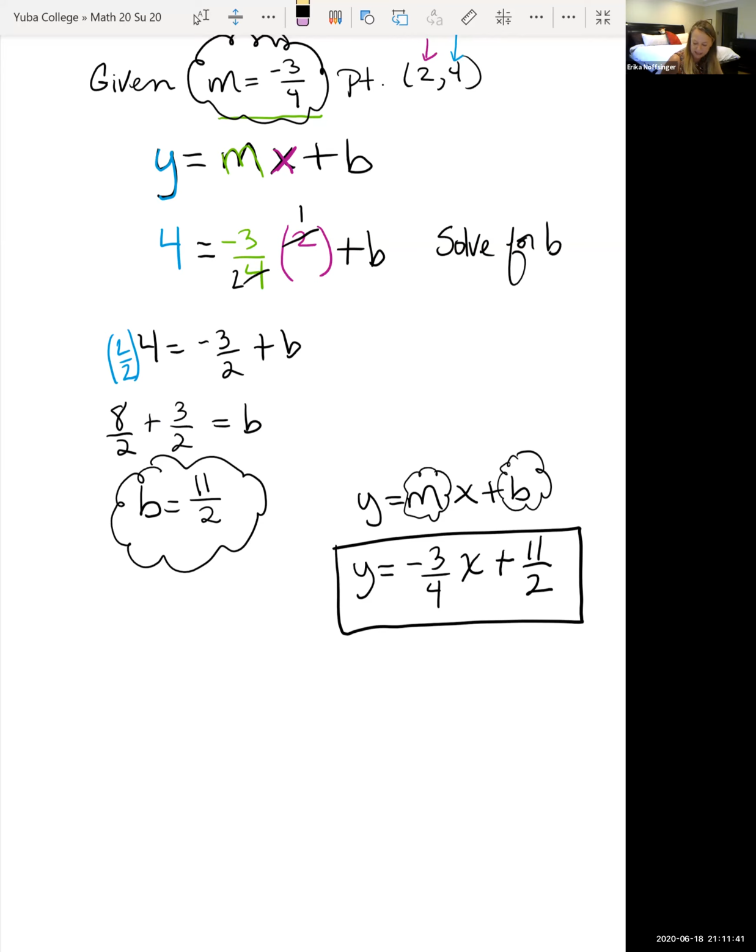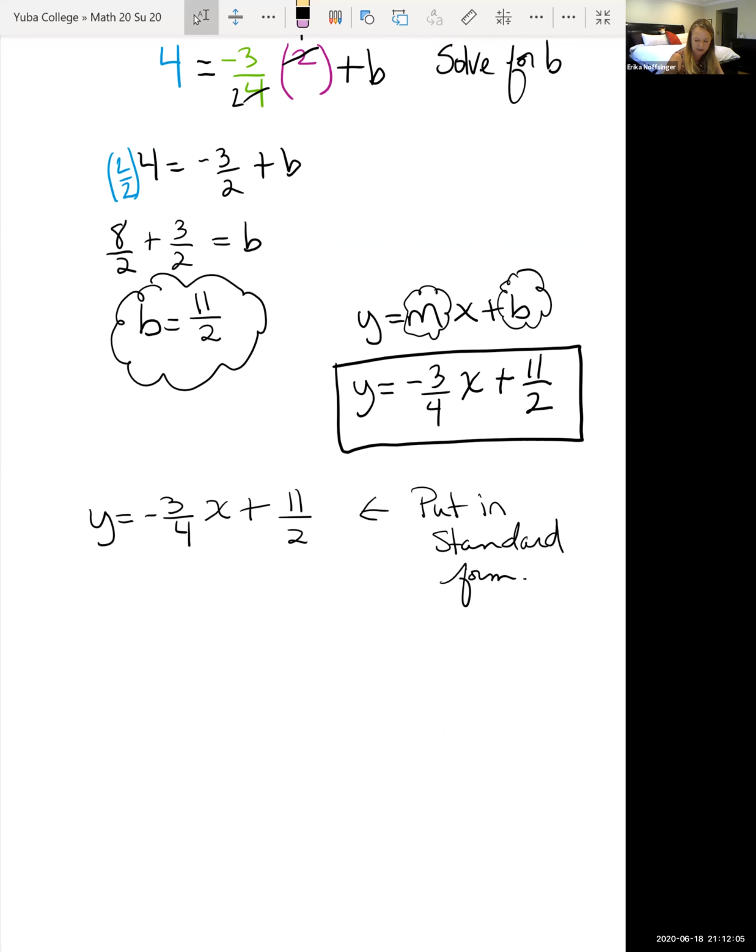If they asked and they said, we want the answer in standard form, we want to clear the fractions.